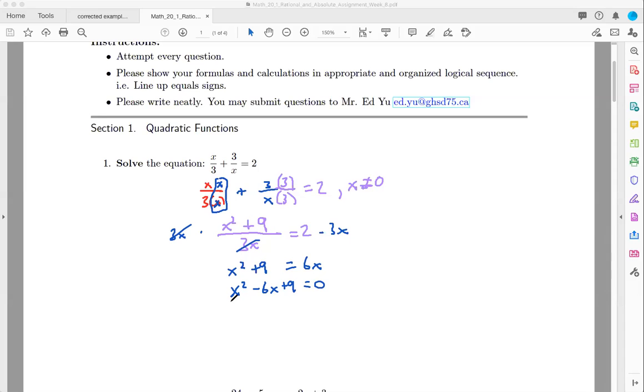I'm going to leave the factoring to you, but because the coefficient here is 1, you're looking for x and x in front, and whatever multiplies to become x squared minus 6x plus 9. You'll set each of these brackets equal to 0, and then each of those x's will be your answer. Of course, make sure you repeat the restriction here: x is not allowed to equal 0.